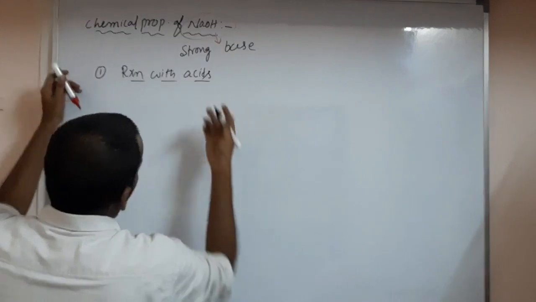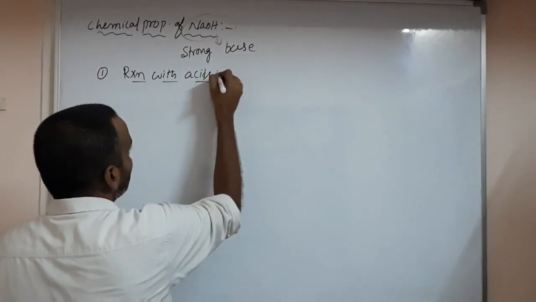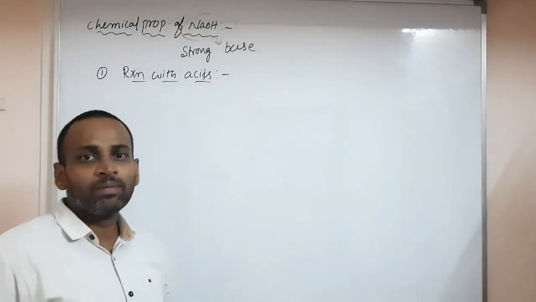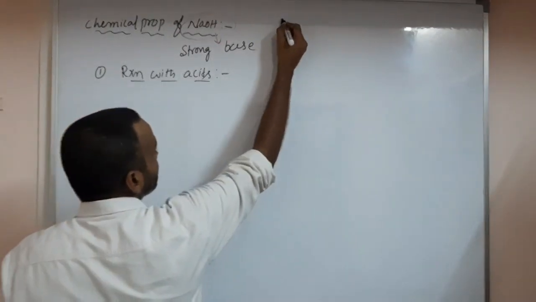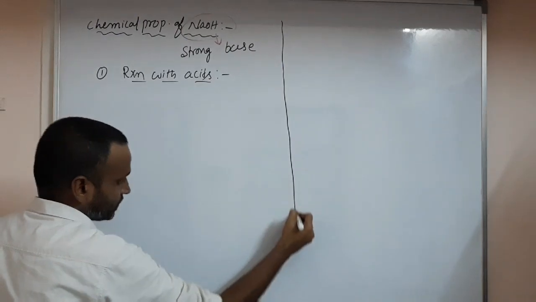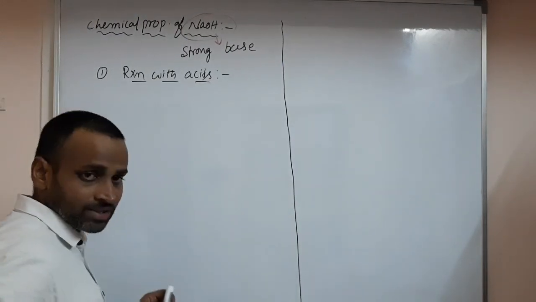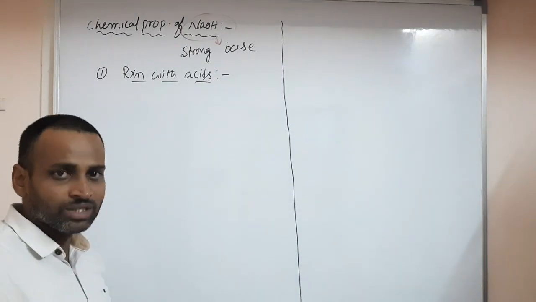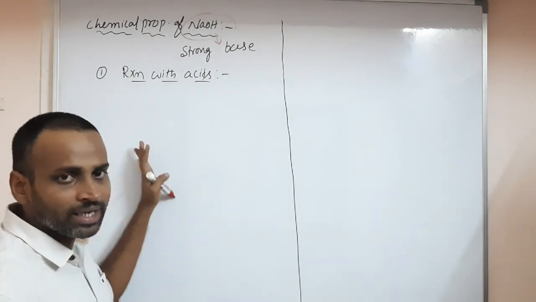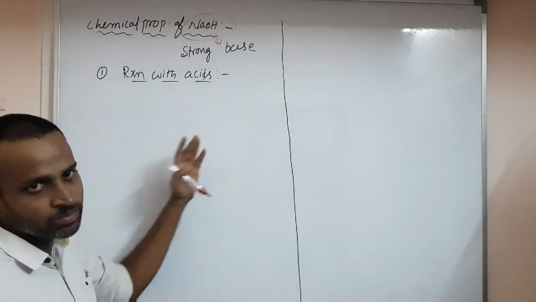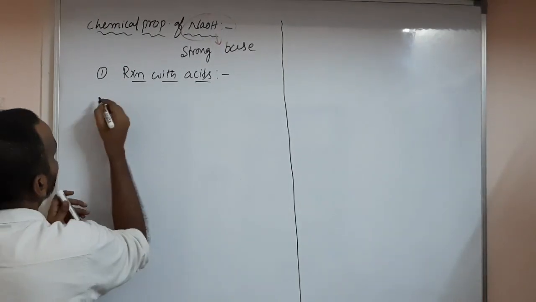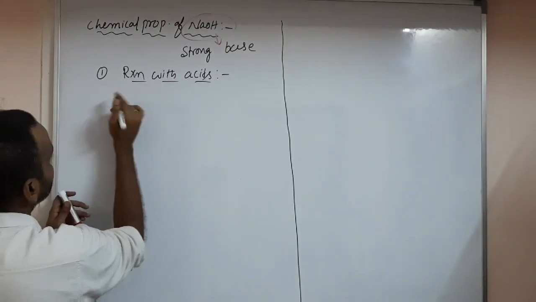I have no need to explain, very simple actually, because sodium hydroxide can easily react with any kind of acid, because this is a strong base. Neutralization reactions everybody knows. Strong acid with strong base is possible, strong base with weak acid is possible, anything is possible. So what happens here? Reaction with acids.